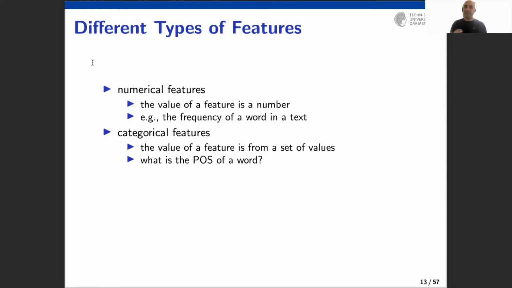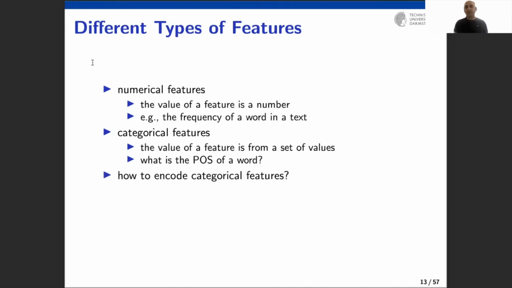For example, when we ask what is the gender of a noun in German, the output could be feminine, masculine, or neutral. So the output is a category. So this feature function is a categorical feature because the output is not a number, but a category.